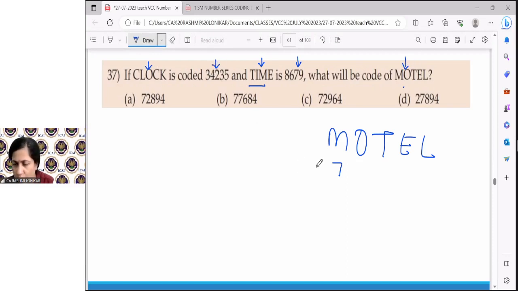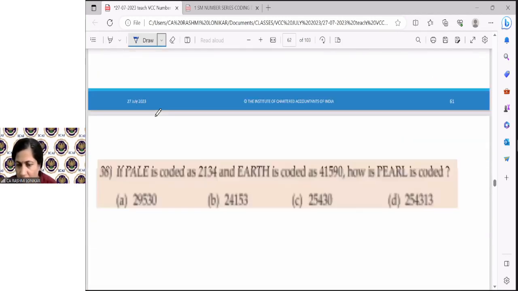So this is 2. T. Time T. So this 8. E. Last. So this is 9. And L. Here this is the second. Second is 4. 72894. So you will have A as the correct option. Okay.